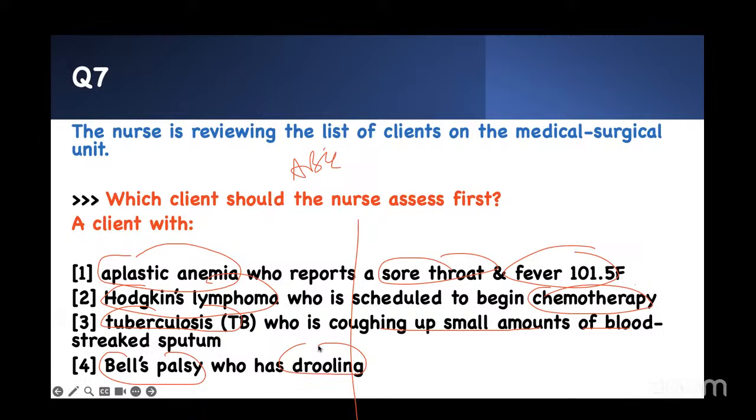If you're taking care of these patients, you are aware of them, you are assigned to them, and you receive report, who are you going to see number 1? Is it the aplastic patient with the sore throat and a fever, or the Hodgkin lymphoma patient who is about to get chemotherapy, or the TB patient coughing a small amount of blood and streaked sputum, or somebody with Bell palsy who is drooling? What do you think?